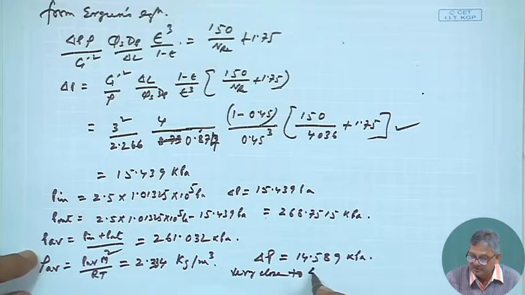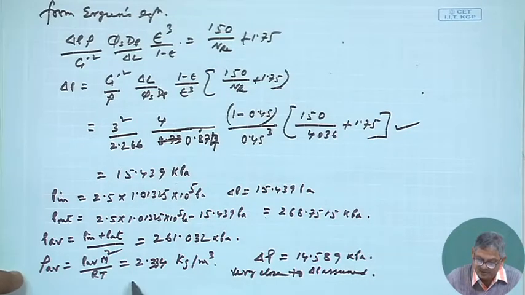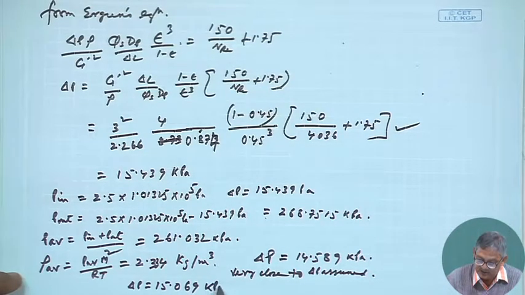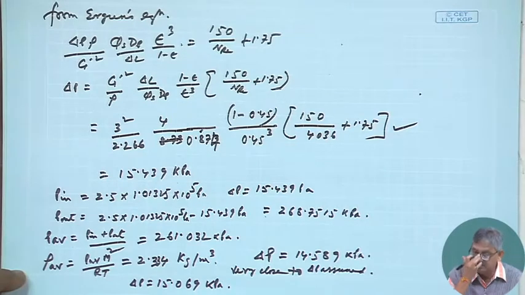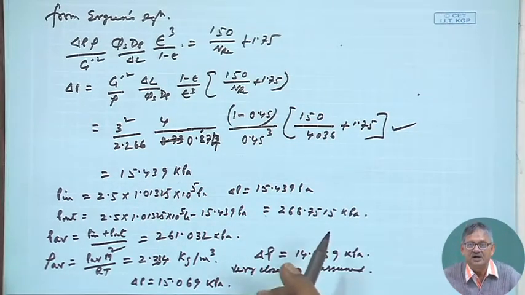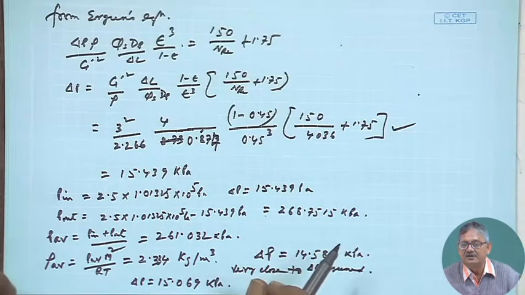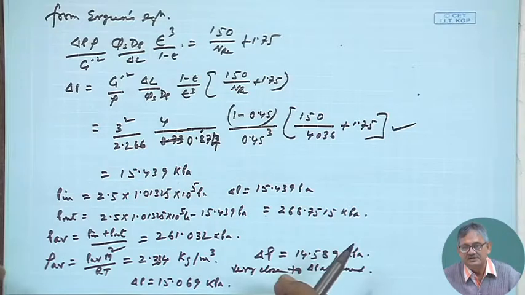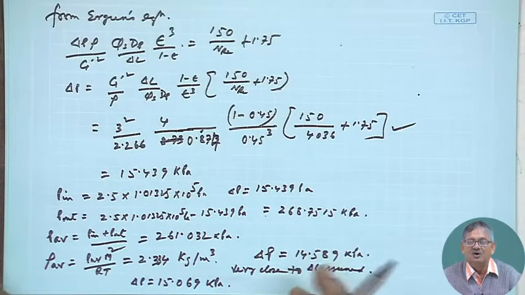So we can say delta P is equal to 15.069 kPa finally. This way, by trial and error, you can find out exactly what delta P is, or if P1 is given, you can find out the outlet, depending on the situation.